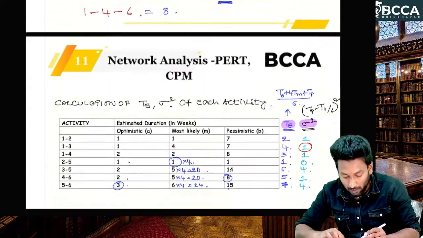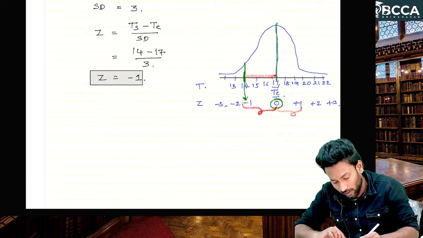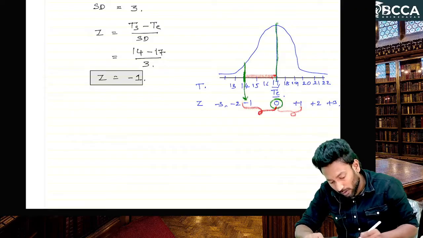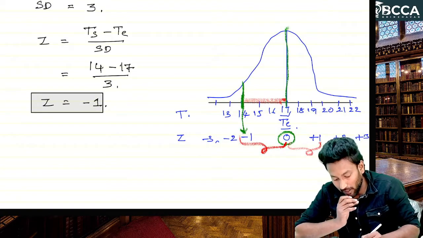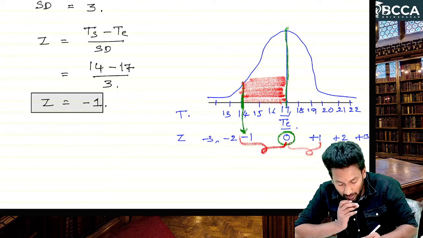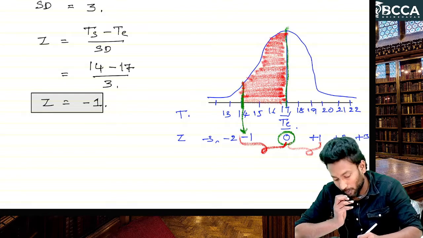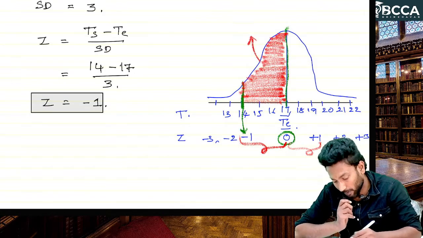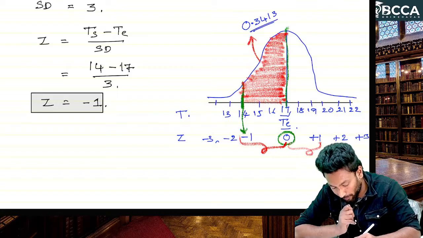If Z is positive we might have taken right side, but here Z value is minus 1, that's why I'm taking left side. So this area represents the table value, sir. Probability how much it is, sir? 0.3413.